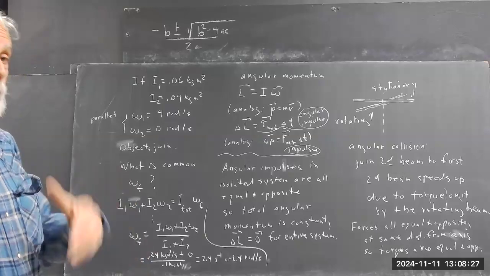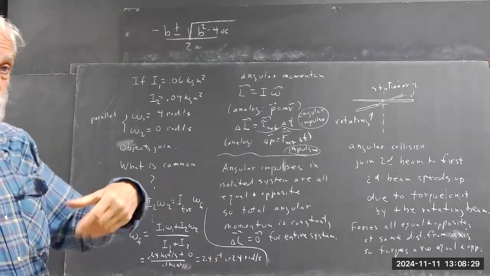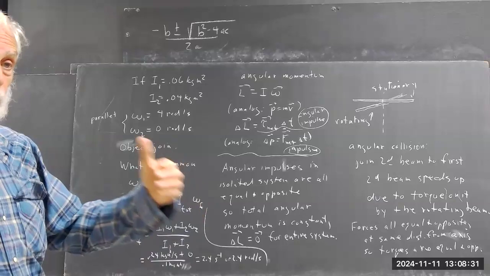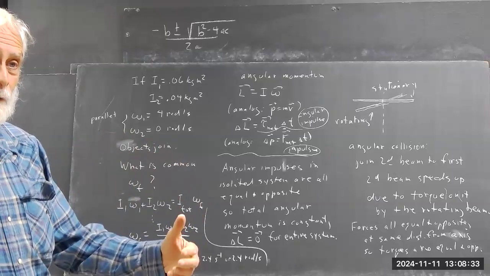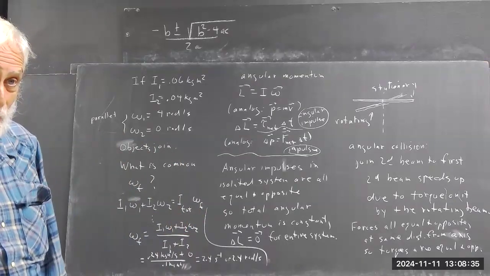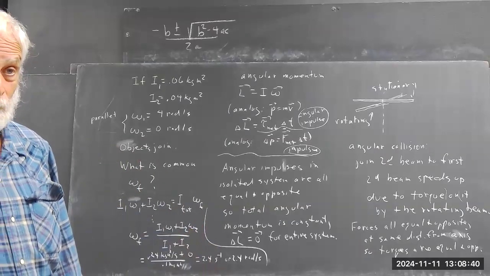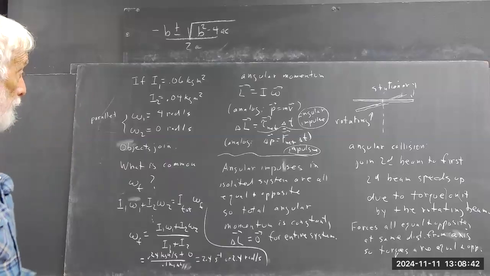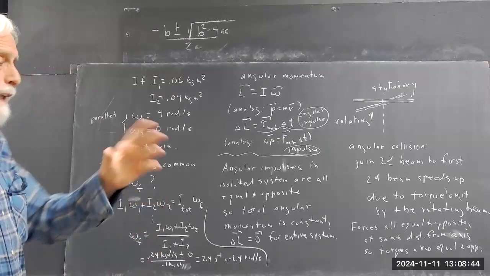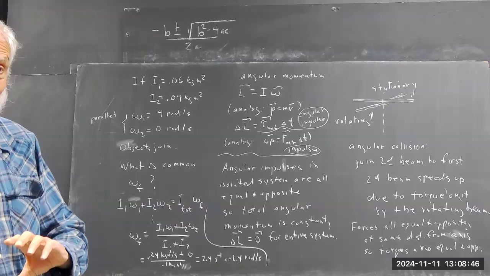But it's very simple. Just compare I omega squared. You don't even have to worry about the 1/2. You compare I omega squared before to I omega squared after, and you're going to have the same comparison you have between 1/2 I omega squared before and after, right? So we're not going to worry about the 1/2. What's the kinetic energy? 1/2 I omega squared.